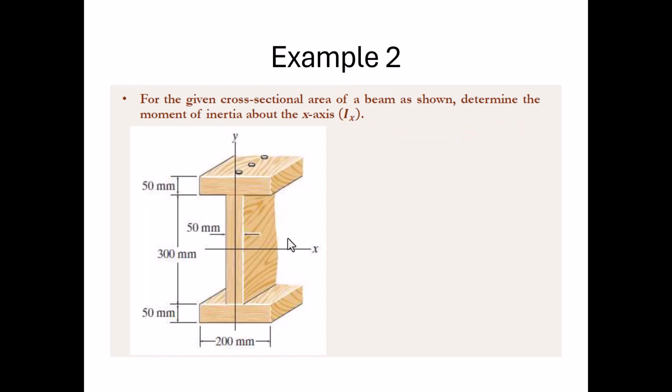Let's see an example. Okay, so given a cross section of the beam, let's assume this is area 1, this is area 2, this is area 3. Okay, we need to find the Ix. And how?